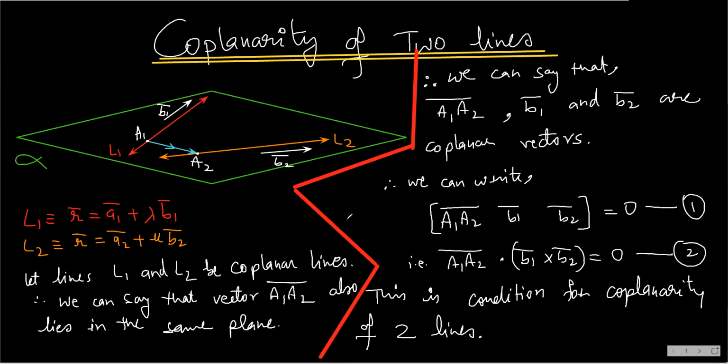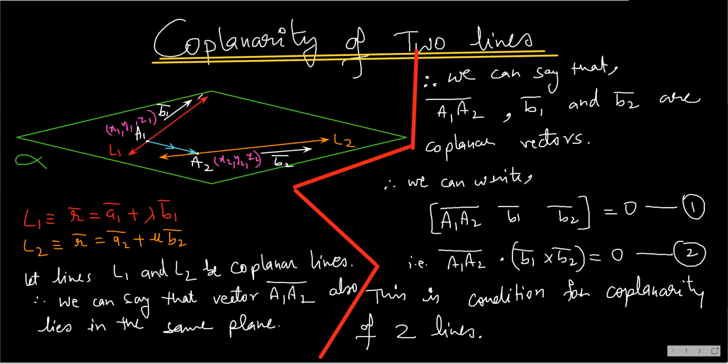Okay. So I can take this discussion ahead by stating, suppose you have coordinates of point A1 as x1, y1, z1, and coordinates of point A2 as x2, y2, z2.